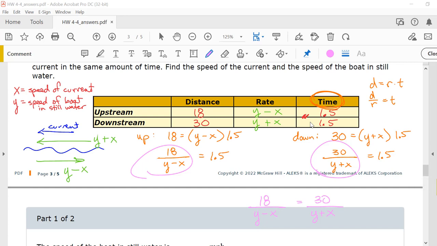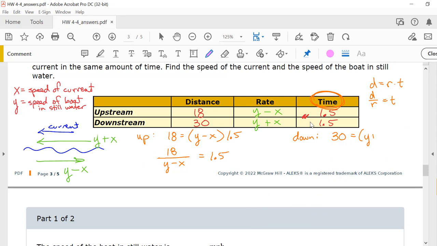All right, after thinking about this one for a few minutes, I'm going to erase a few steps. I'm going to go back to setting up distance equals rate times time. Okay, so distance equals rate times time. Upstream, I had that equation. And now let's talk about downstream. Downstream distance equals rate, which was y plus x times time, 1.5.